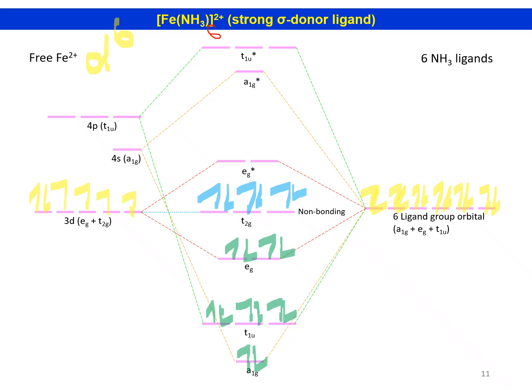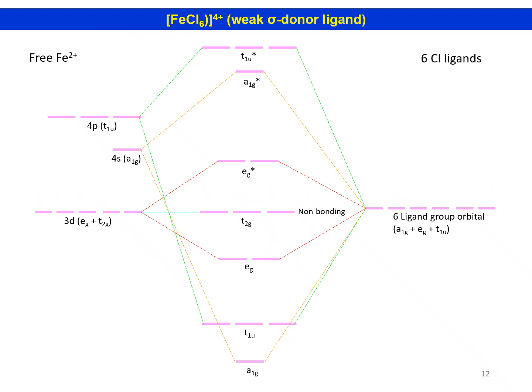Let's look at other example. Let's say we have a hexachloro ferrum 2 plus. Again, iron here is an iron 2 plus. So iron 2 plus will have 6 electrons in the d orbital. While chlorine here is coordinating to iron in the form of chloride. So chlorine also contributes 2 electrons each.